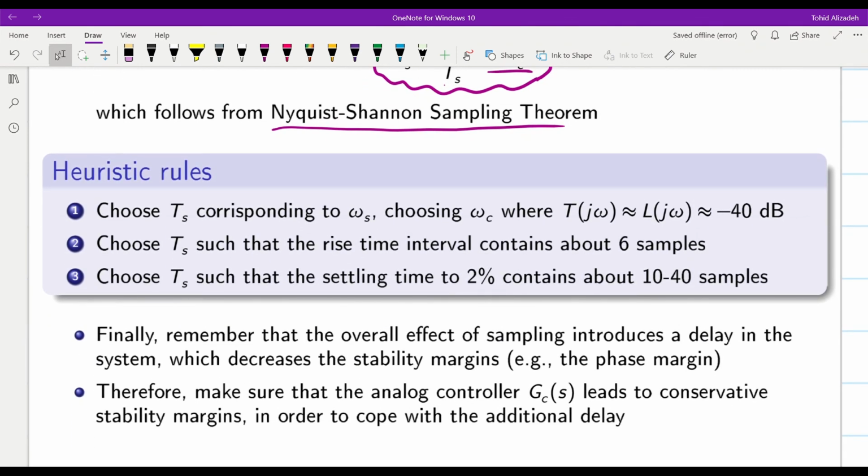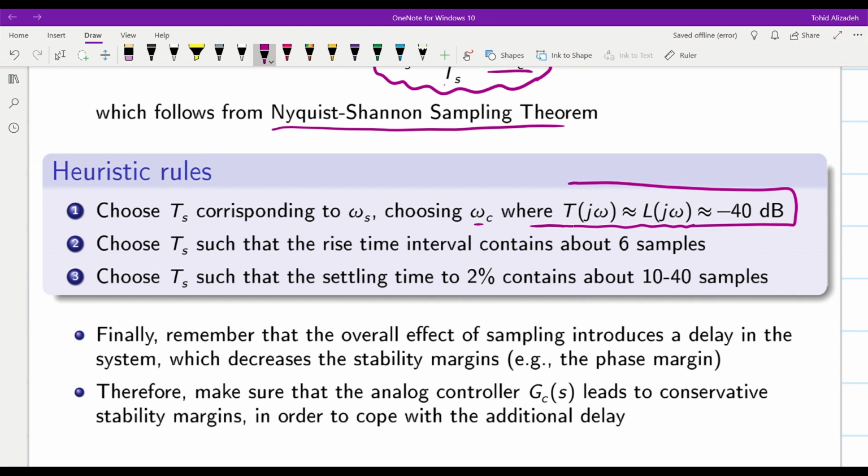Some heuristic rules are also provided here. We need to choose Ts, which corresponds to omega s, choosing omega c where T of j omega is almost equal to L of j omega, and it's almost equal to minus 40 decibel.